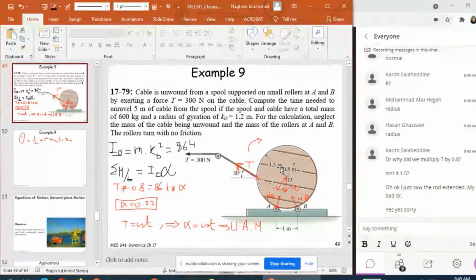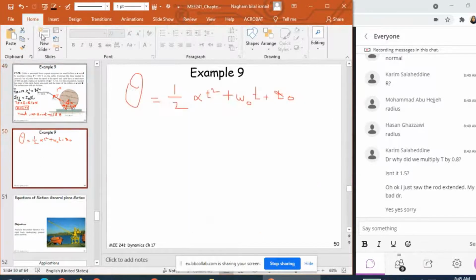And then I exerted this T. When I exert this T, I'm gonna have a rotation, which means at t equal to 0, when the cable is not unwound, this means, guys, that omega 0 is equal to 0. Whenever I do this towing force T, then the cable will be unwound, and then I'm going to have a rotation. This means, guys, that omega 0 is also equal to 0.